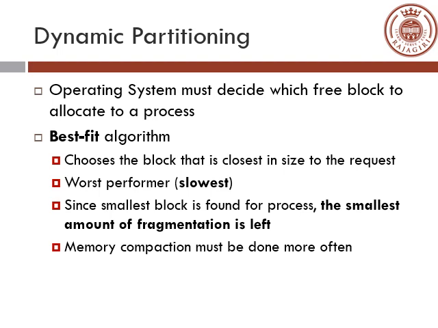This is the worst performer of the four algorithms because it is the slowest. Since the smallest block is found for a process, the smallest amount of fragmentation is left. Memory compaction must be done more often.